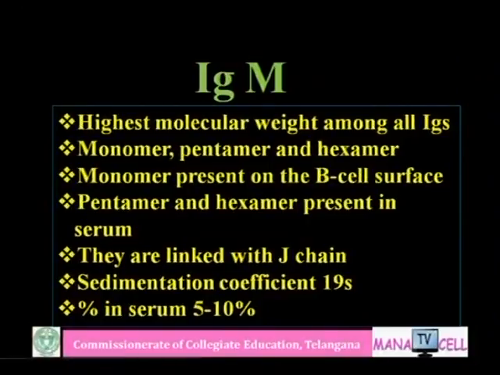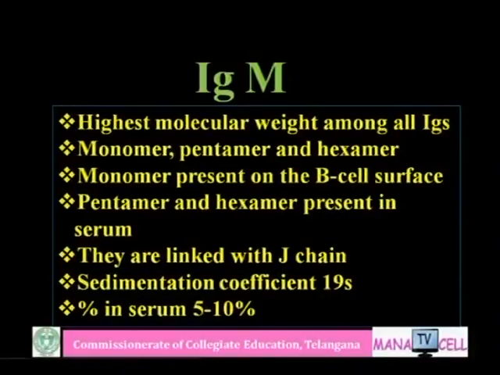It can exist as a monomer, as well as a pentamer and a hexamer. The monomer is present on the surface of the B cell, and it is involved in interaction with antigens, that is, antigen recognition interactions. The pentamer and hexamer are present in the serum, and they are involved in the elimination of blood-borne pathogens.